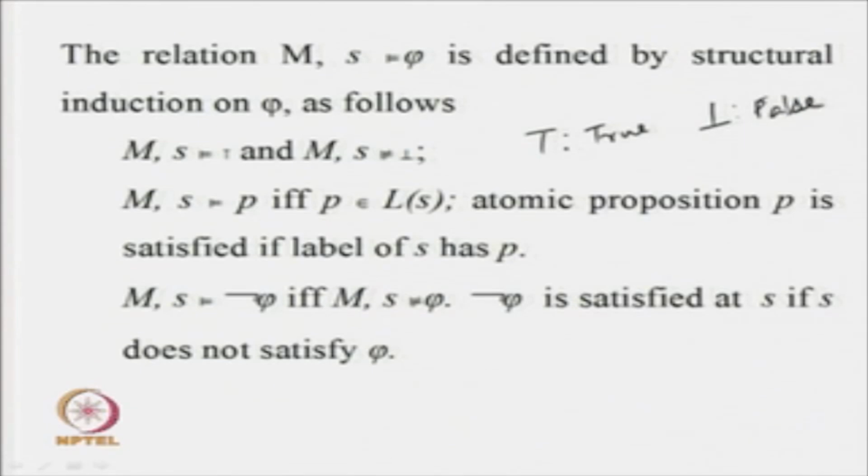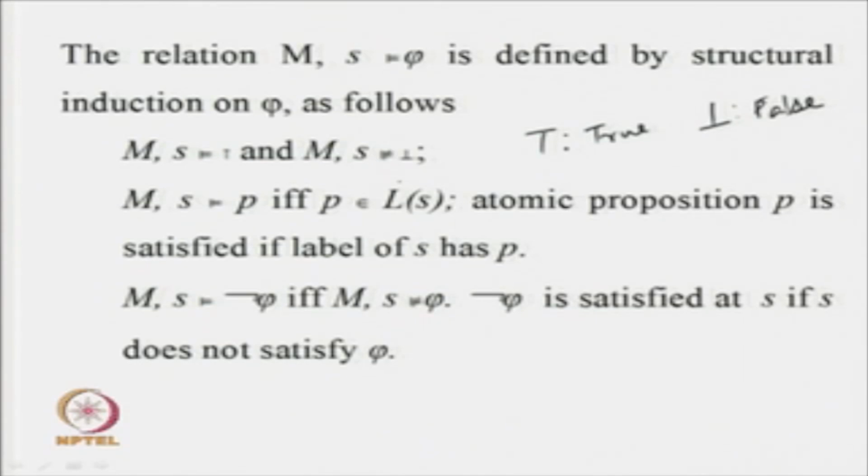So by default every state will be marked with true and none of them will be marked with false. Intuitively, you can say that true is true in all states and false is false in each and every state.